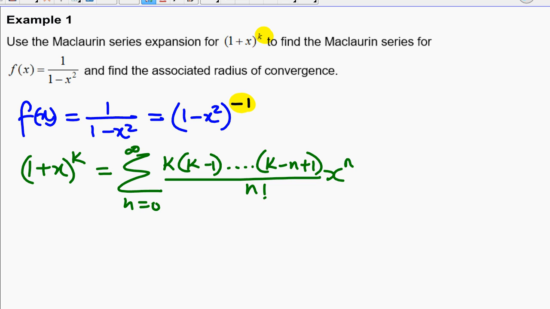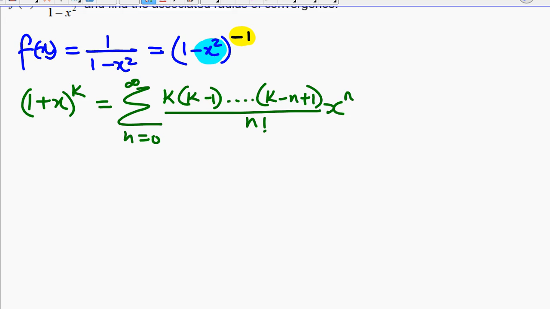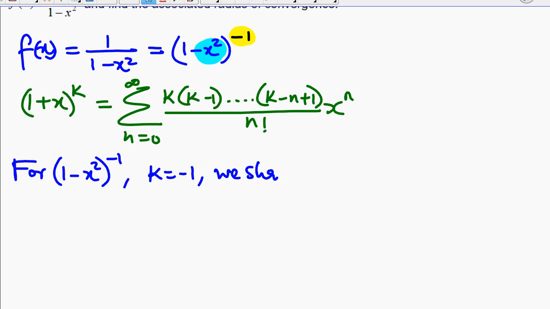And then you can see that x here will be replaced by this. So what I mean is, for 1 minus x squared to the power negative 1, k is equal to negative 1, and we shall replace x with negative x squared.